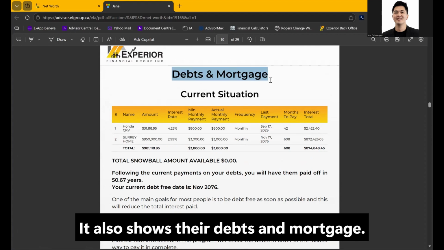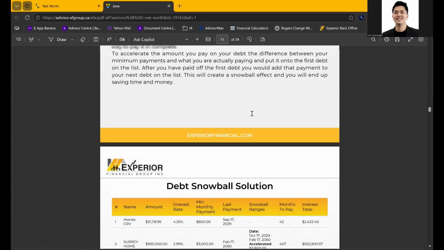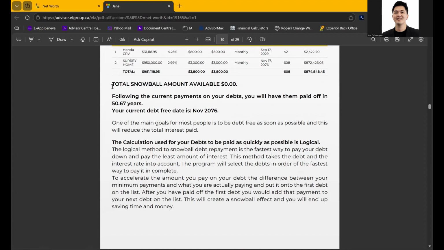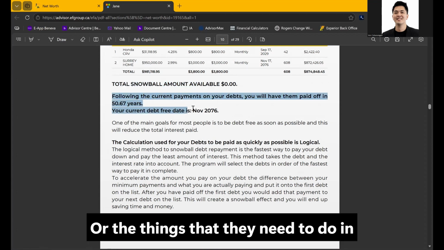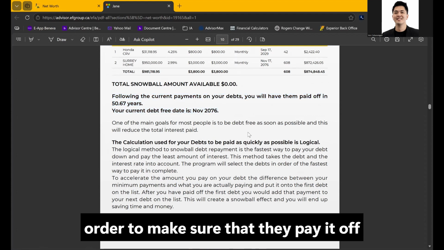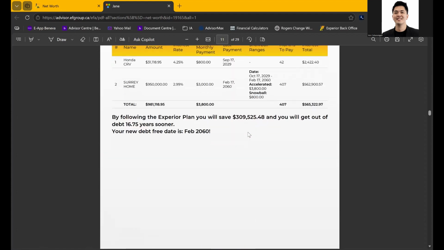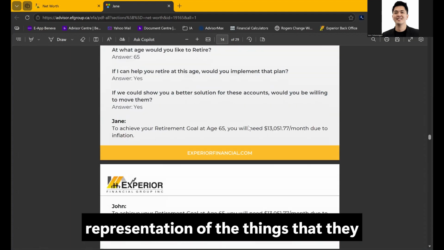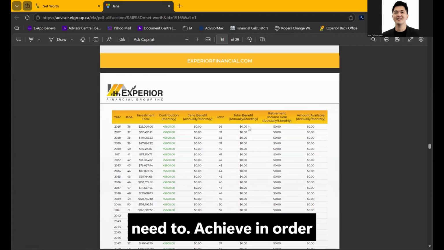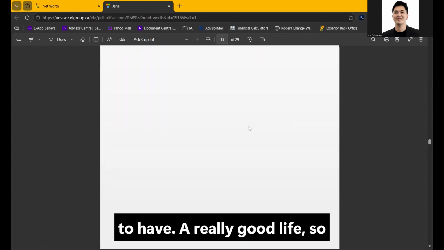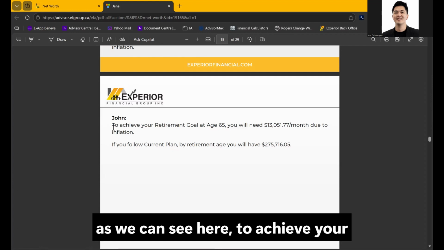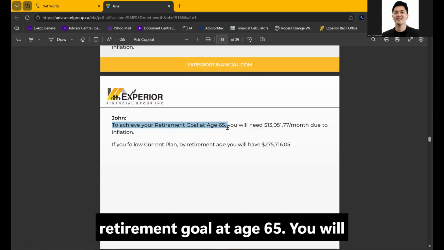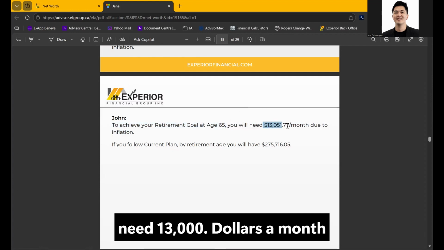It also shows their debts and mortgage. And it actually shows a snowball amount or the things that they need to do in order to make sure that they pay it off in time. So it actually gives a really nice representation of the things that they need to achieve in order to have a really good life. So as we can see here, to achieve your retirement goal at age 65, you will need $13,000 a month due to inflation.